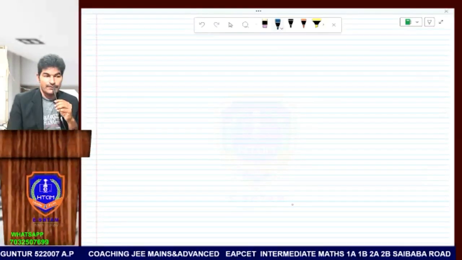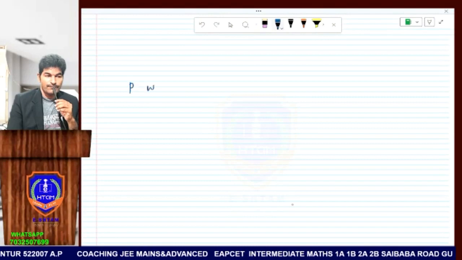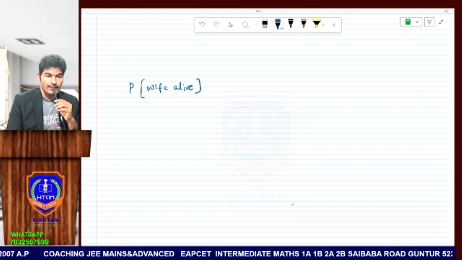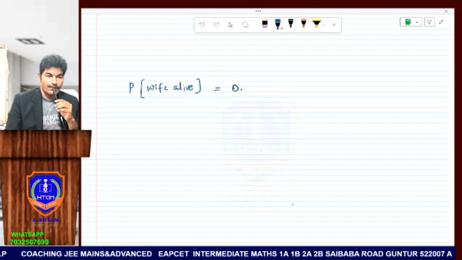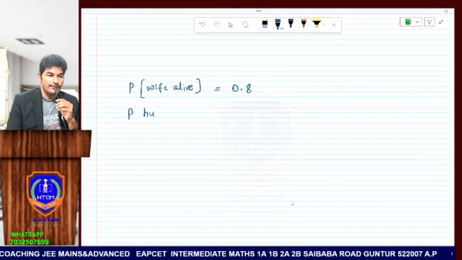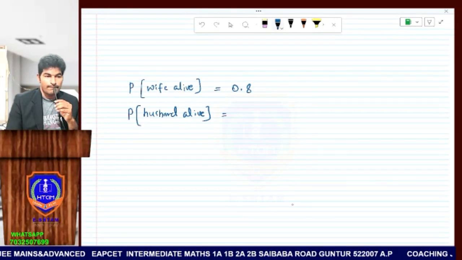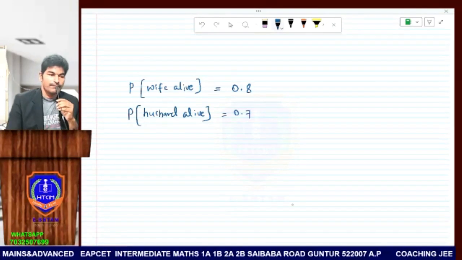Let us suppose, what was given? The wife's alive probability was given, and that is 0.8. And her husband's alive probability is 0.7.